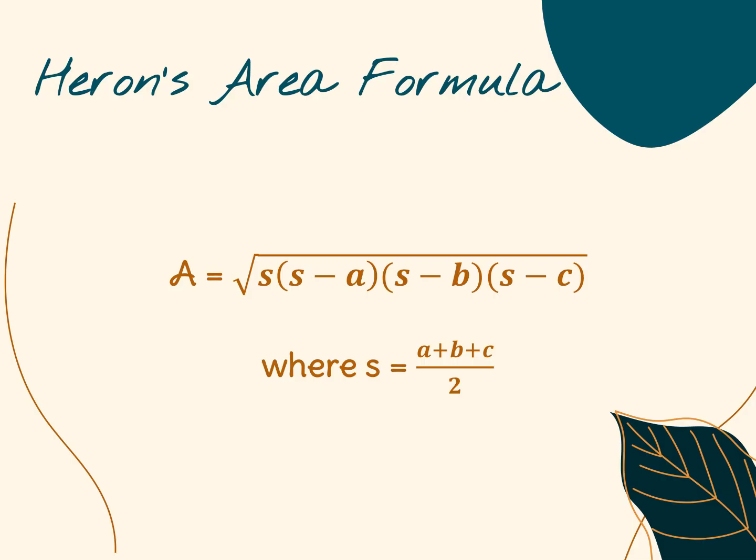All right, so this is the formula when you're given all three sides, side, side, side. Notice the S in the formula here. We have to calculate that by adding the three sides that are given. So we'll add A plus B plus C and divide it by 2.